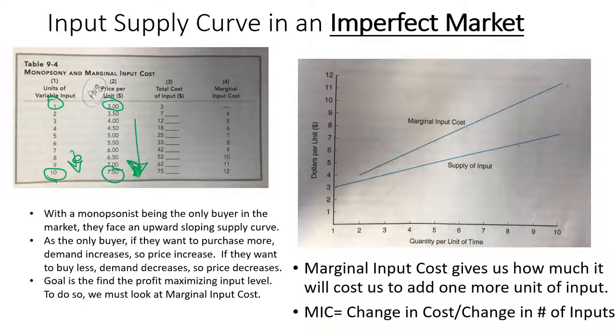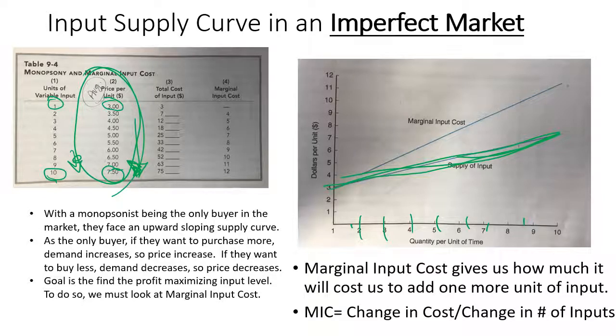So our supply of input line over here on the graph corresponds to the increasing price with increasing demand.